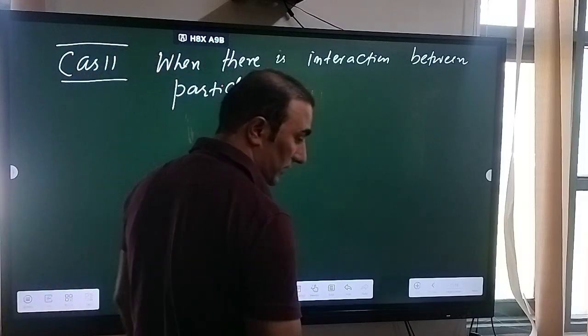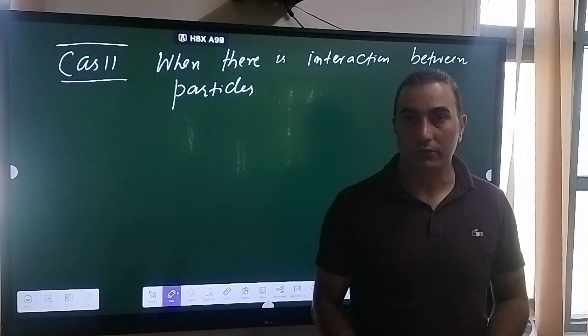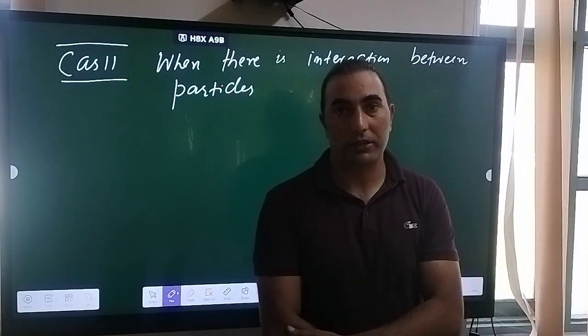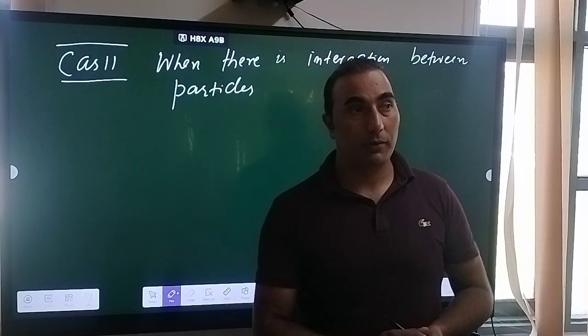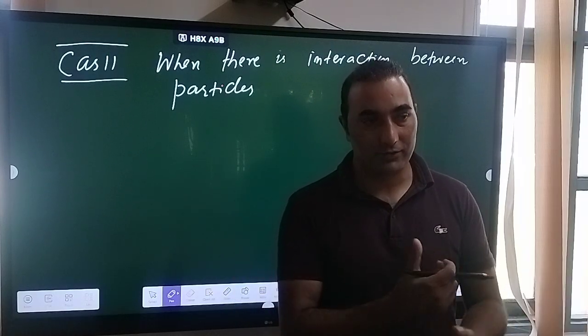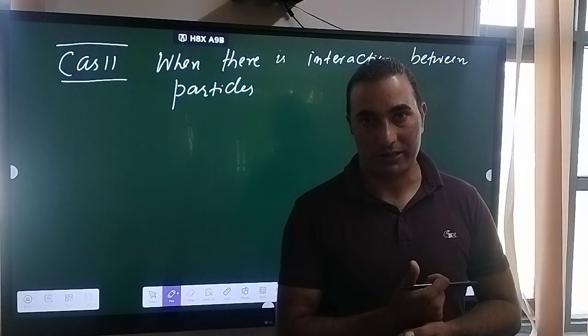तो फर्स्ट केस में हमने कहा कि when there is no interaction between the particles, तो उसमें हमने देखा कि डिग्री ऑफ फ्रीडम कैसे निकालते हैं. अगर हमारे पास अब सिस्टम होगा where there is interaction between the particles, are interconnected with each other, right?